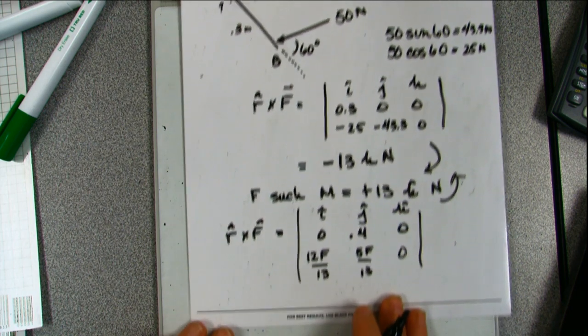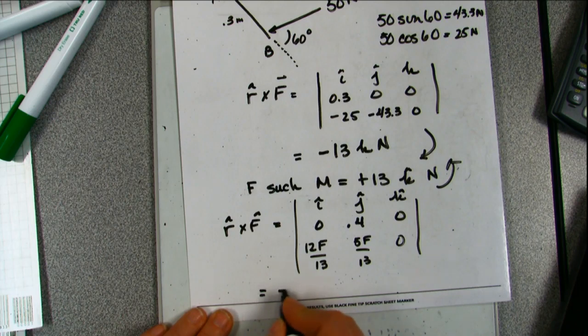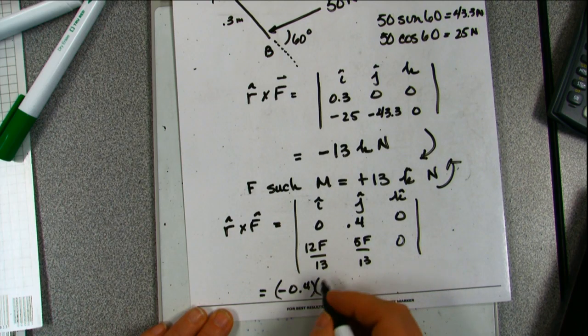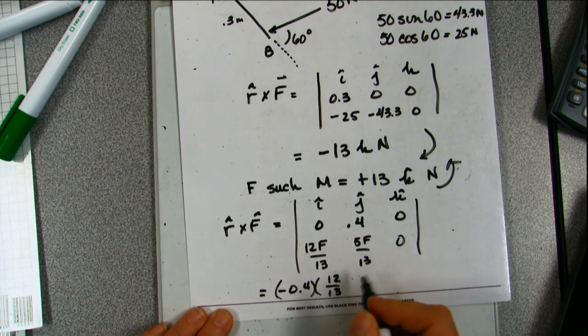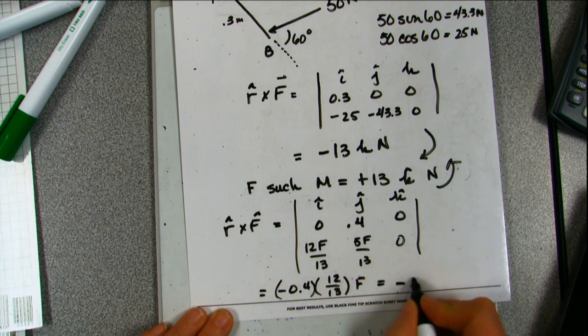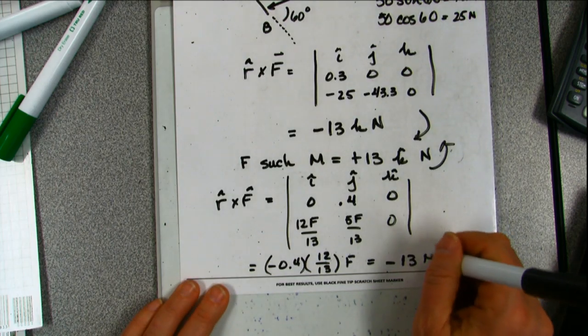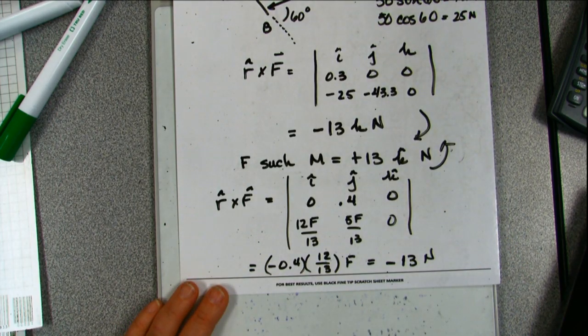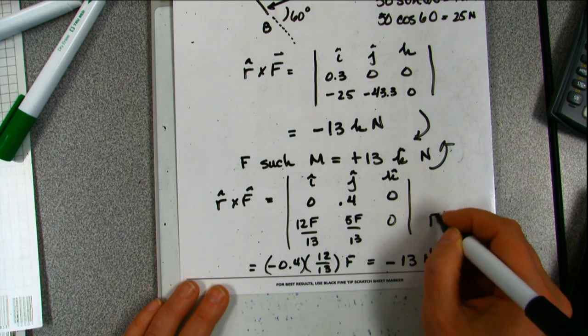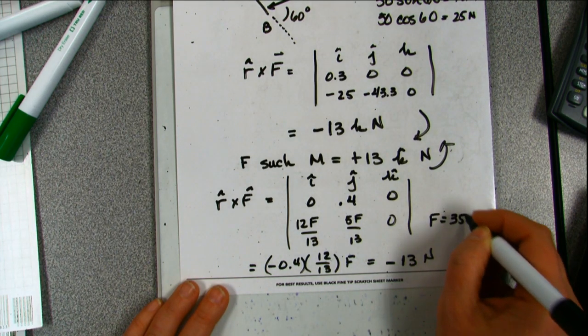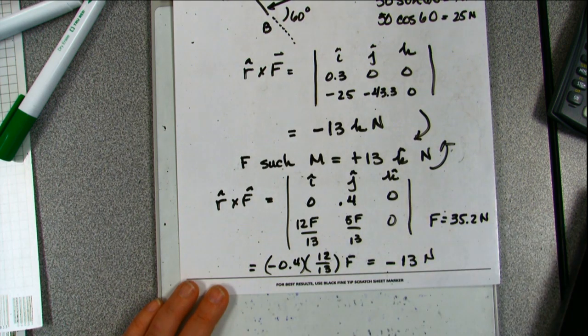We do that, we get negative 0.4 times 12/13 F is equal to negative 13 newton-meters. Solve for F, and F ends up being 35.2 newtons.